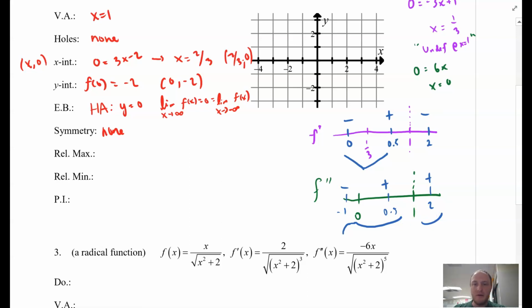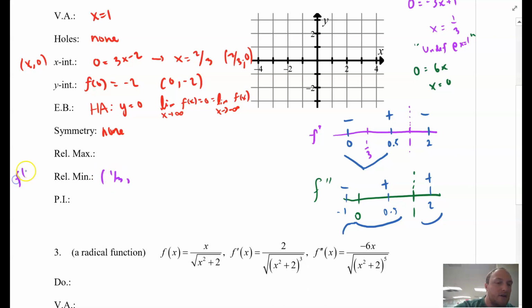Okay, so let's go ahead, we forgot the maxes, the mins, and the points of inflection. A minimum occurs when we go from decreasing to increasing, and that's going to occur here at 1/3. So to plug that in, I'll analyze 1/3.